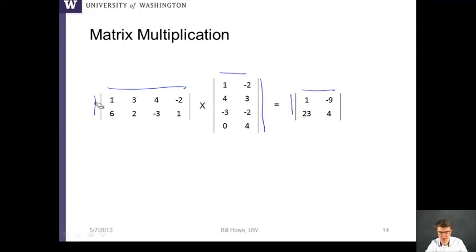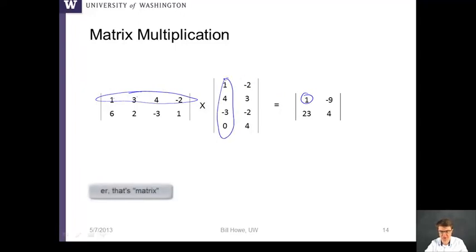Okay, and again, just to refresh your memory here, what is this result? Well, it's the first row of the first relation, the dot product with the first column of the second matrix.